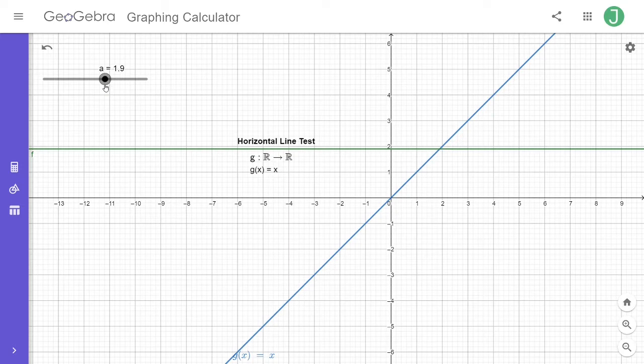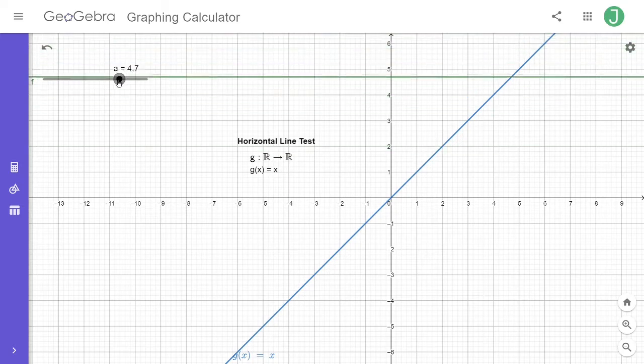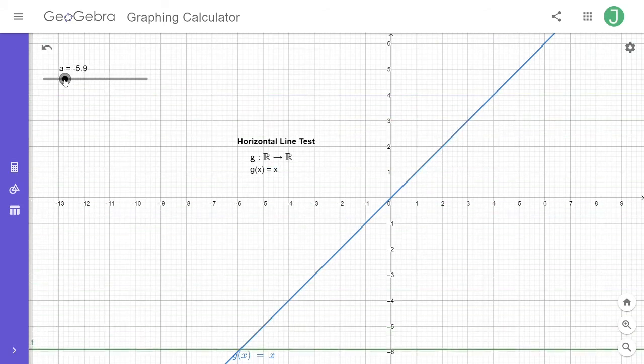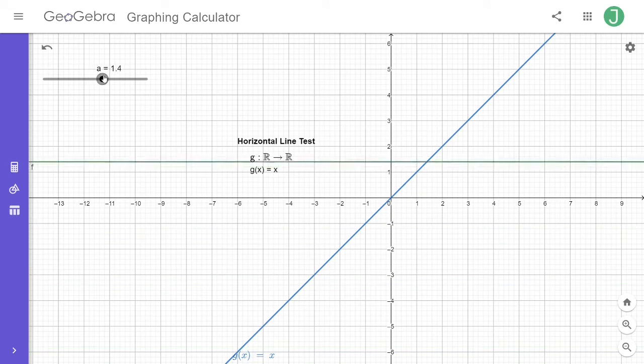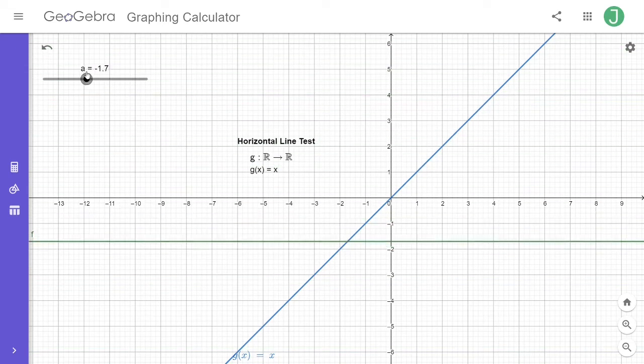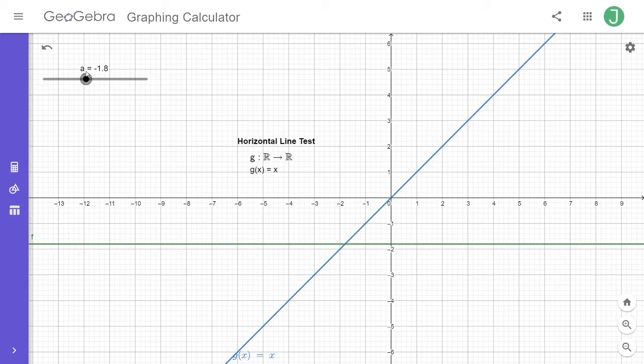Moving the horizontal line will tell us that. Here clearly the line touches the graph at least once, and in fact exactly once. So g of x equal to x is clearly a one-to-one and onto function, or 1-1 correspondence.